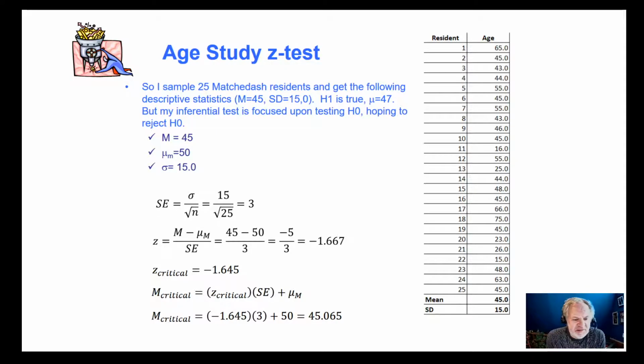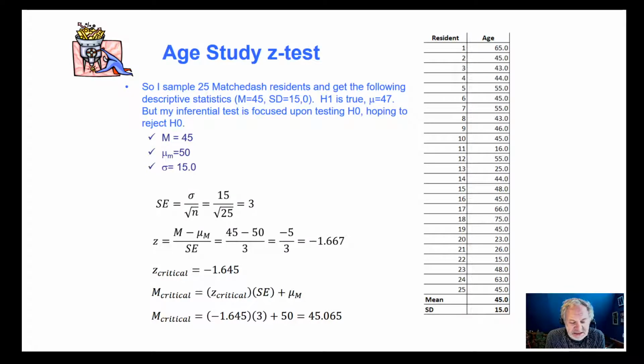So I can run my inferential test just like we would do, and I could base it on the null hypothesis distribution, a population mean of 50, and I want to reject the null. So I do my z-test, and as long as my z observed is more extreme than my z-critical, I will reject the null. We've gone through the z-test multiple times, so everyone should be familiar with it.